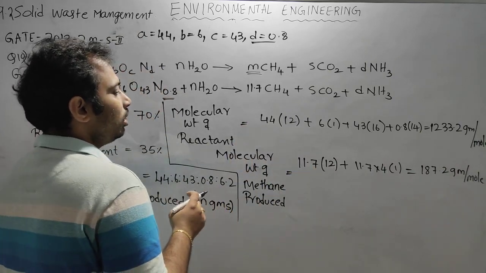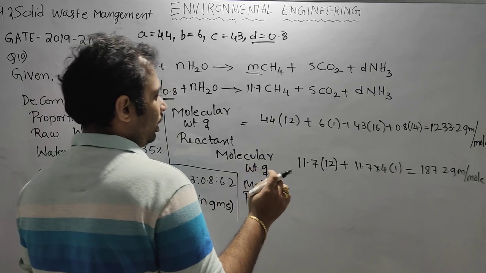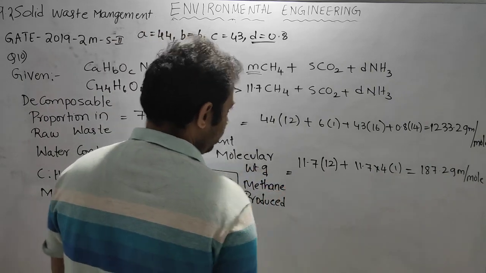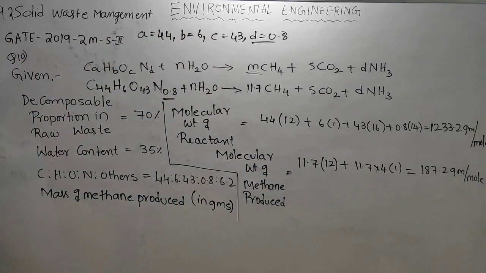So for 1233.2 gram destruction we are getting 187.2 gram. That means, go back to our water supply engineering concepts in alum.